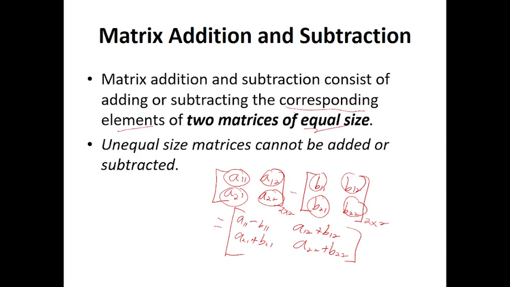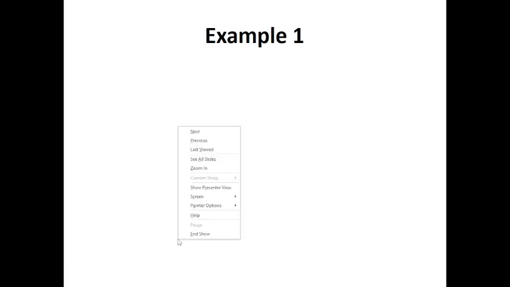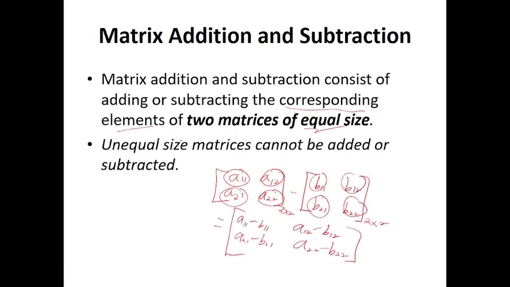A11 minus B11. So that's it. By the way, if the two matrices are unequal in size, they cannot be added or subtracted. Take note of that.